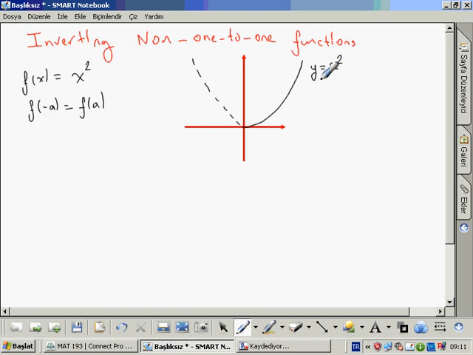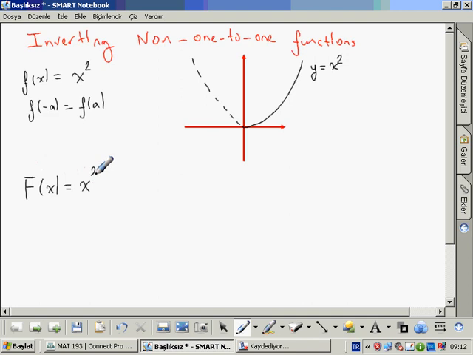But if you select the domain of the f of x function from 0 to infinity, that means this is a sub-interval, and let me write that function as capital F.